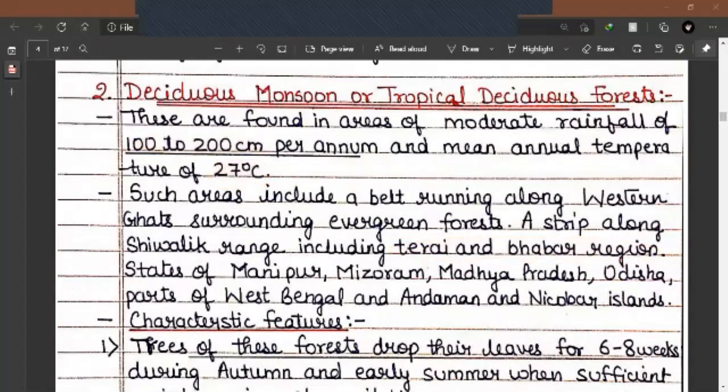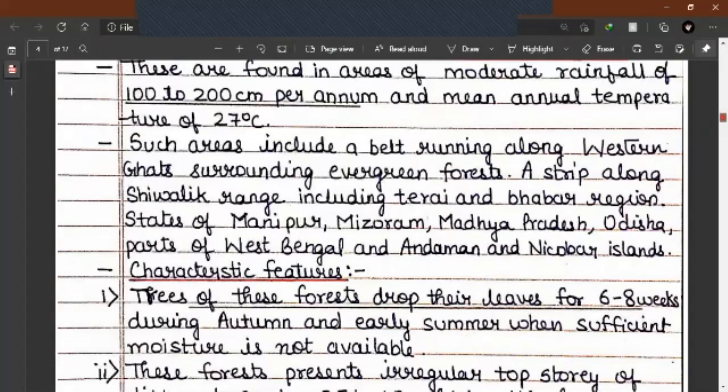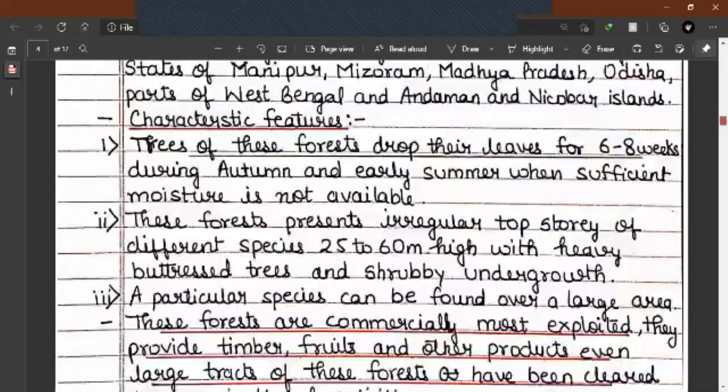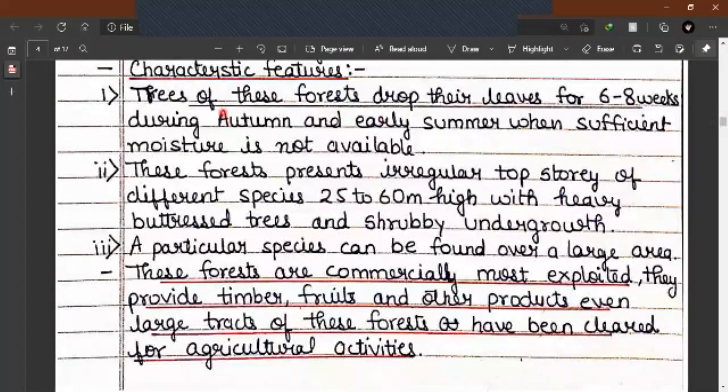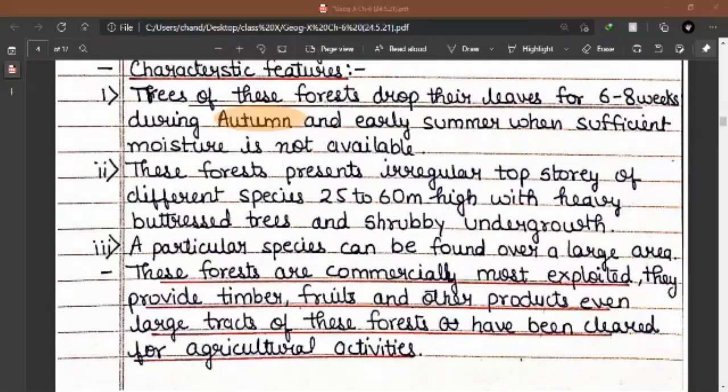Now let us discuss the characteristic features of deciduous forests. Trees of these forests drop their leaves for 6 to 8 weeks during autumn and early summers when sufficient moisture is not available.